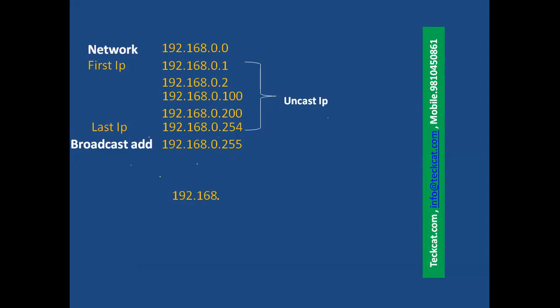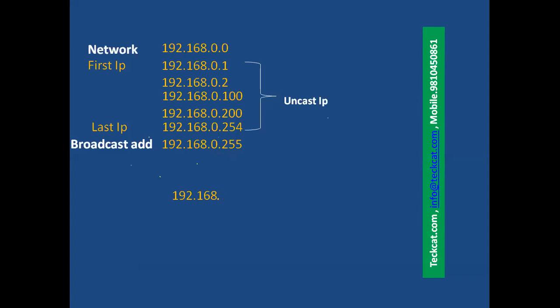Now 192.168. When the 255 is completed, now 0 becomes 1. The next IP is 192.168.1.1. Just try to understand, brother.